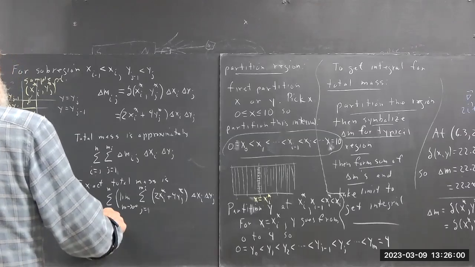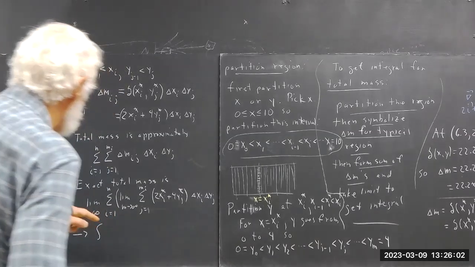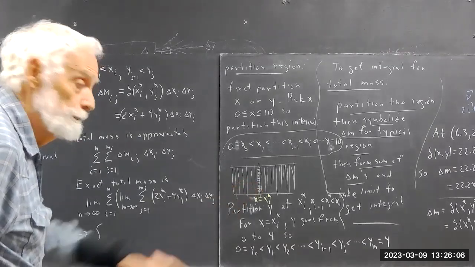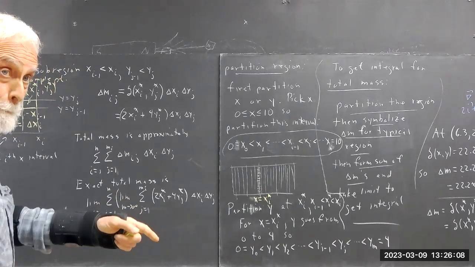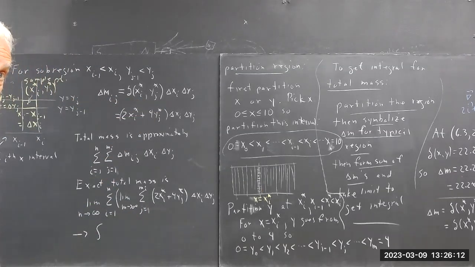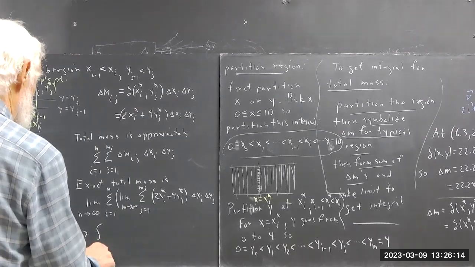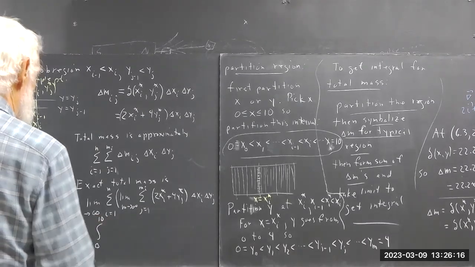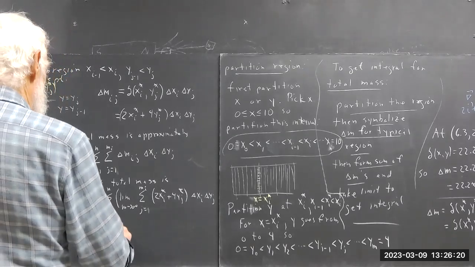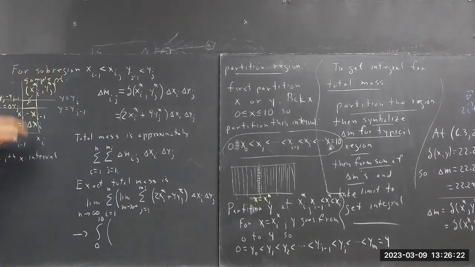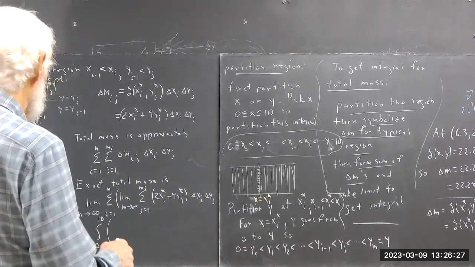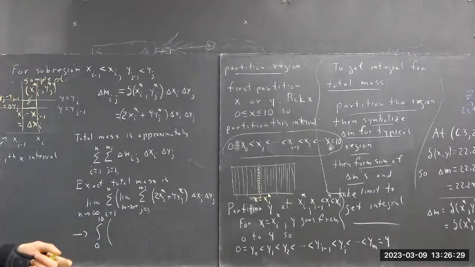Well, we partition the x interval from 0 to 10, right? So the x values go from 0 to 10. Okay, for a given x strip, y is going to go from 0 to 4.